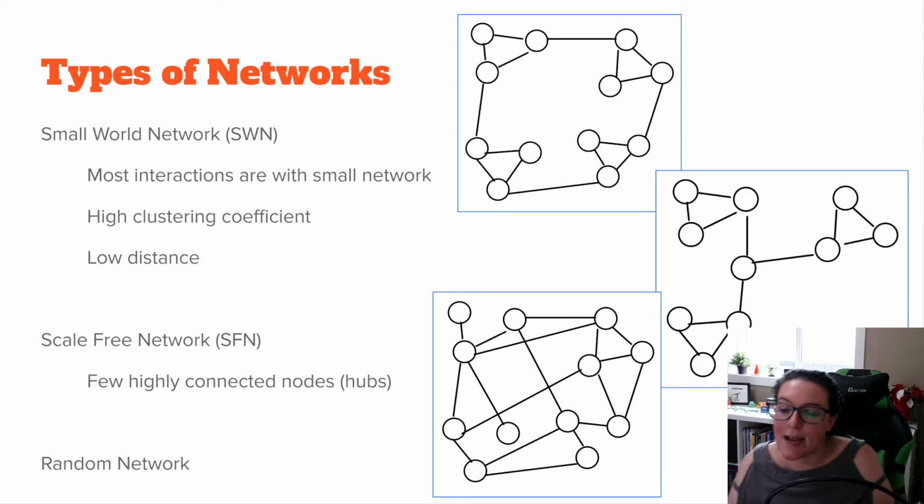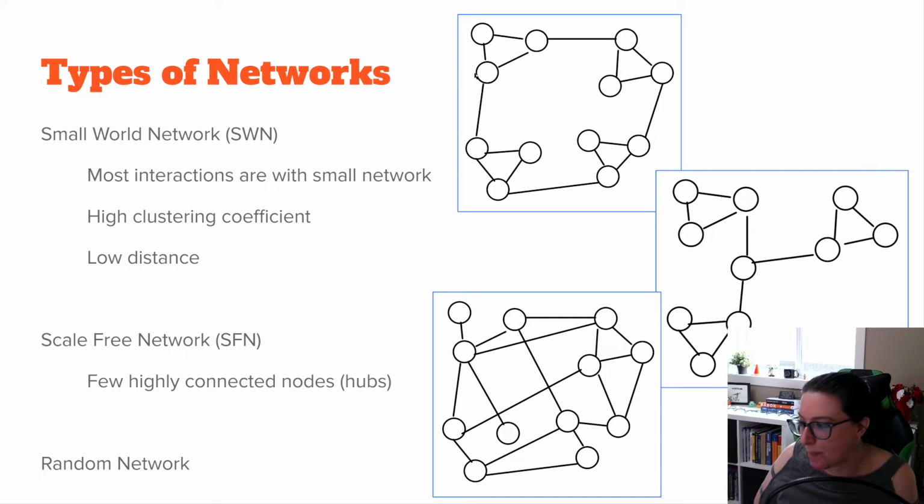There are different types of networks. So this one that you see here is a small world network, or SWN model. Notice that most of the interaction happens in a small network with a small group. And that we have a high clustering coefficient here. So these people group together and they're a community. They don't really interact much with everybody else.